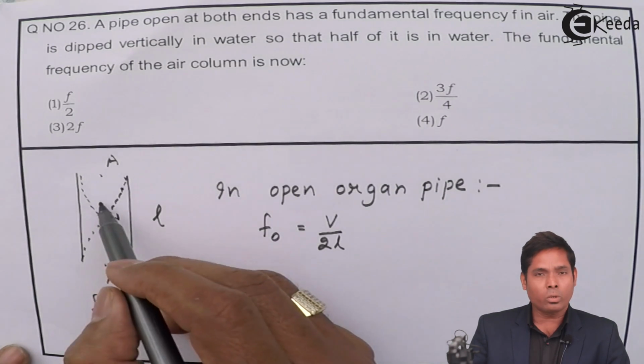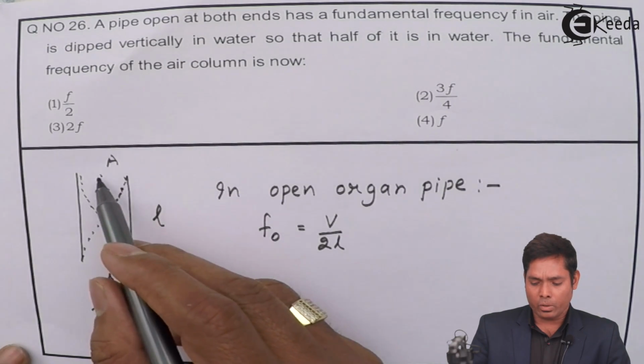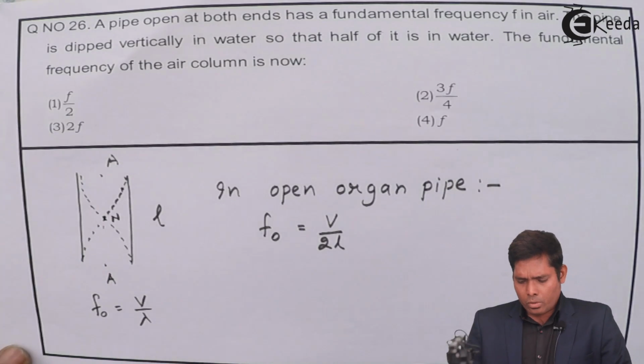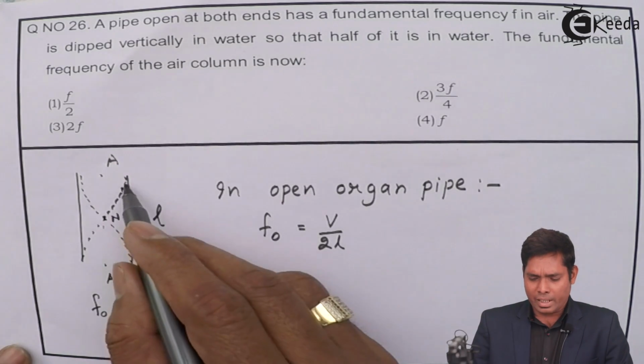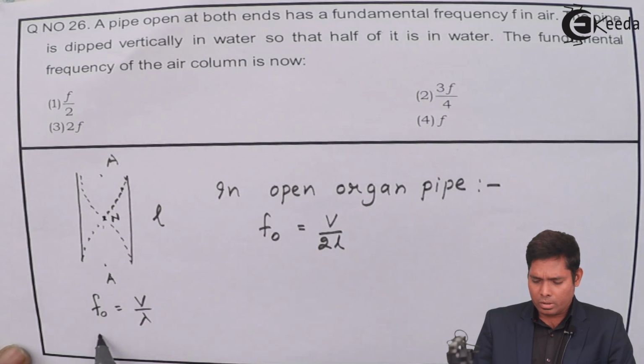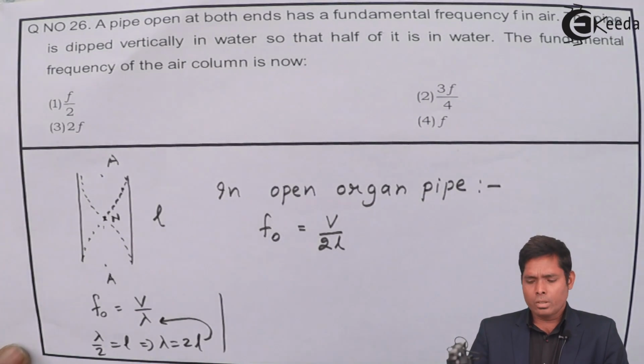Here it is lambda by 4, here it is also lambda by 4. So between antinode and antinode it is lambda by 2. So this length L accommodates lambda by 2, which implies lambda is 2L. So substituting 2L, the fundamental frequency is V by 2L.